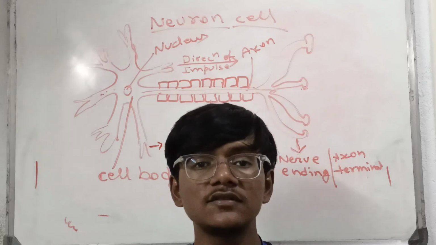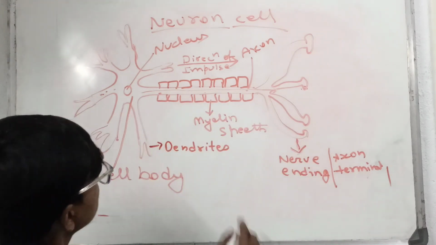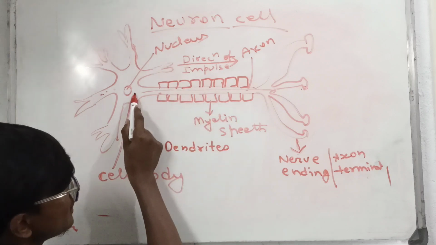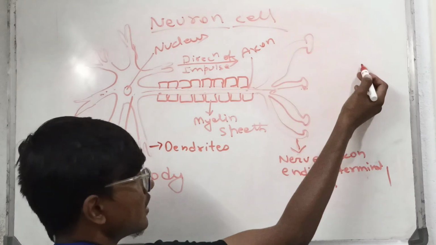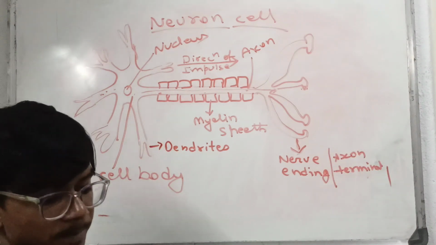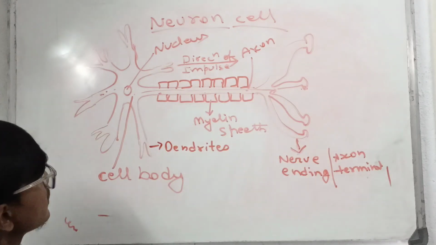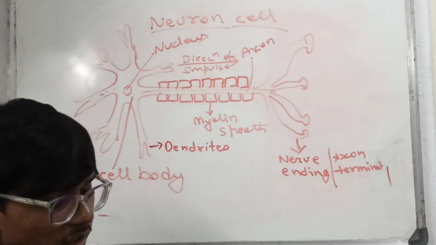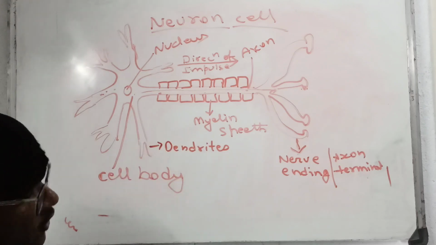They transfer the information from one neuron cell to another neuron cell. So from the cell body to the axon terminal it will pass. From the axon terminal it will reach another cell, and from that it will reach another cell, in the same direction. Okay. So this is about your nervous tissue. In nervous tissue, one neuron cell is what I have to teach you. That was the main topic.